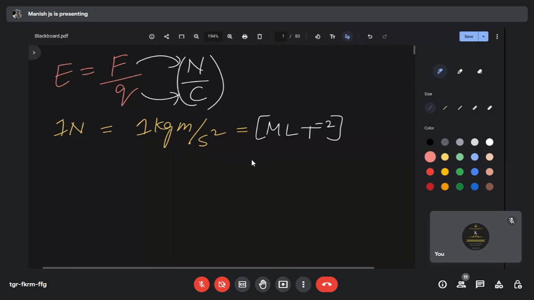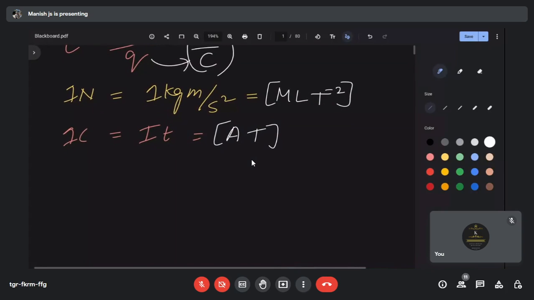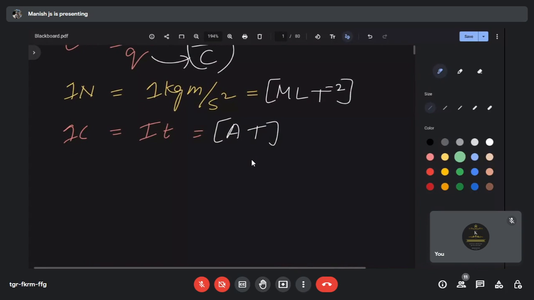So that is Newton written. Similarly we have to write 1 coulomb. So coulomb is charge Q. Q is equal to current into time. So I into T. The unit for current is amperes, and for time, seconds. So time is T. So A into T. So what would be the complete dimensional formula?